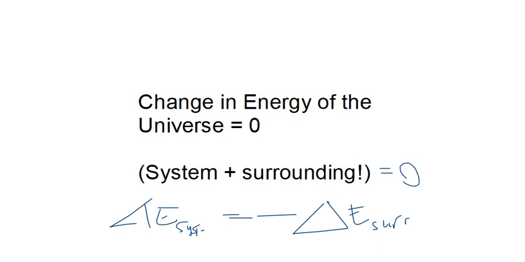This is important because, for example, in calorimetry, the energy that you put in to heat up a specific metal or water is going to be the opposite of the surroundings, like water, which will be cooled down based off of that.